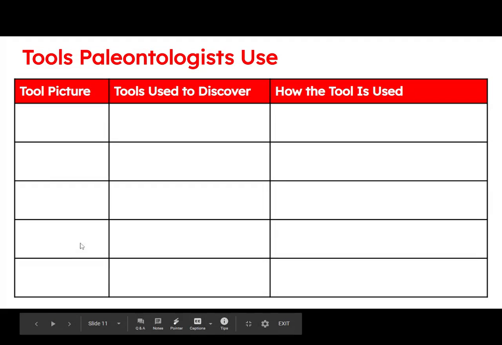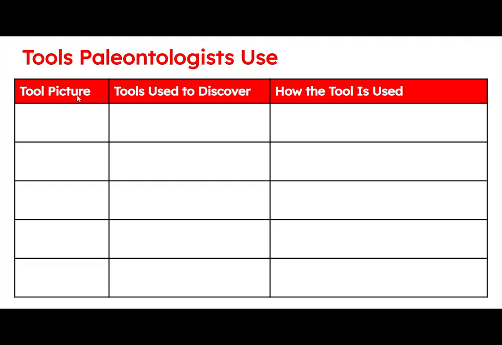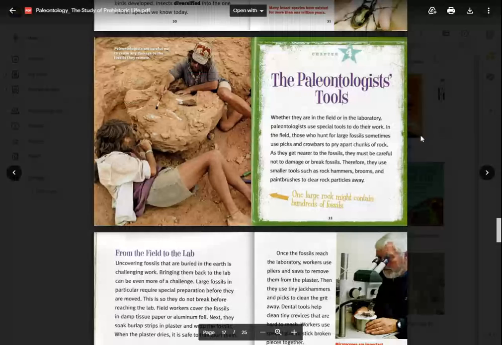Let's go ahead and read our book. Okay, and we're going to start at chapter 4. And that's okay because this is a nonfiction book, so we don't have to read it from the very beginning. Okay, so today we're starting at chapter 4.